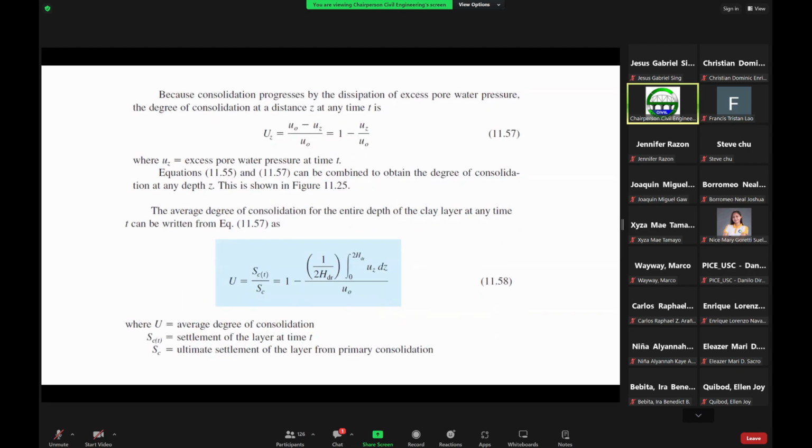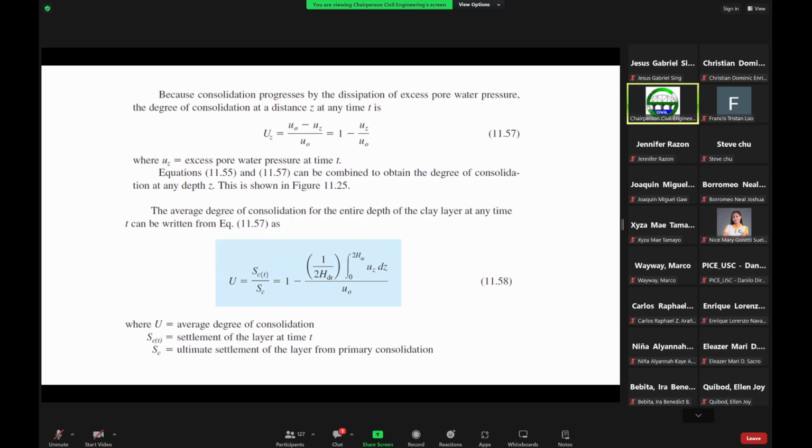Now, because consolidation progresses by the dissipation of excess pore water pressure, take note: consolidation only progresses if there is dissipation of excess pore water pressure.